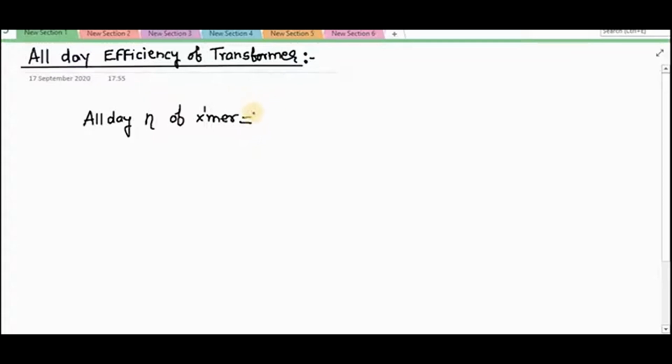So I can write down the all-day efficiency of the transformer as energy output in kWh. Why kWh? Because this transformer primary is connected to the power lines permanently to give service to the consumer for all 24 hours, throughout the day. That's why the efficiency is expressed in terms of energy, right?